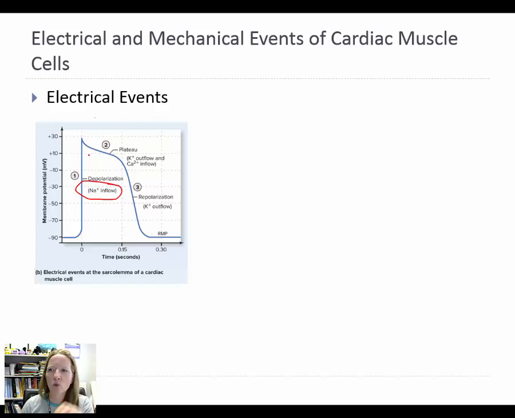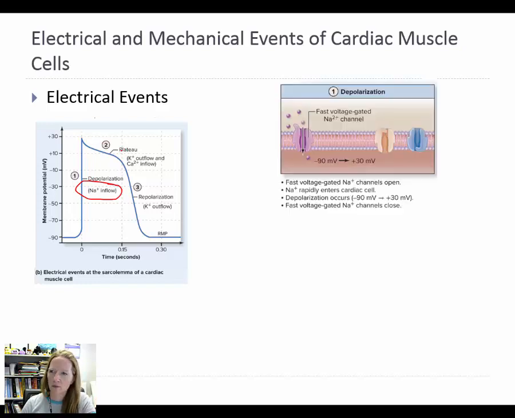So calcium's role here in the cardiac muscle cells is just a tad different. So let's get back to our cardiac muscle cells. Depolarization because of sodium. Now, once it hits this positive 30, oh, I forgot I had these nice little slides. So again, you've got the depolarization right there, showing that inflow that's occurring.